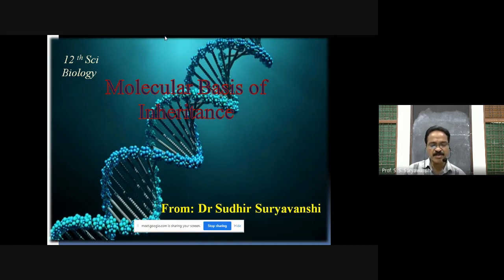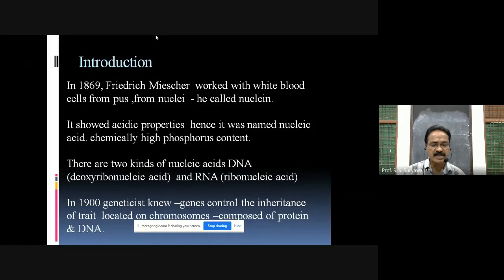The first experiment was performed by Griffith, and Griffith gave us very pioneering work. Before his work, Friedrich Miescher, in 1869, tried to sort out some factor responsible for inheritance.